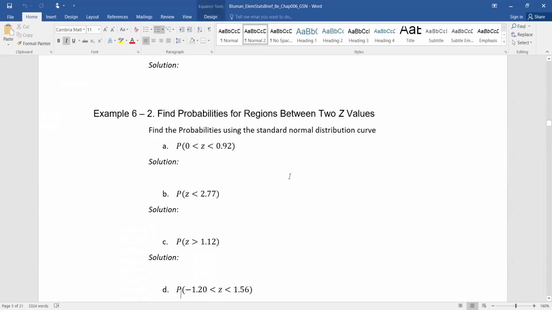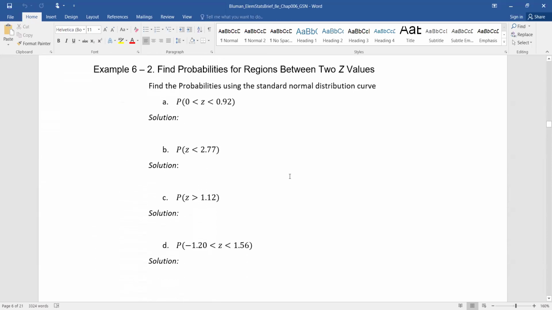So let's look at example 2. We want to find the probabilities for regions between two z values, and we're going to use this probability here. When it's presented this way, it's exactly the same thing. You're just going to find the z-score of this guy and then subtract it from the z-score of this guy. If I look on my table, 0.92 would be 0.8212.